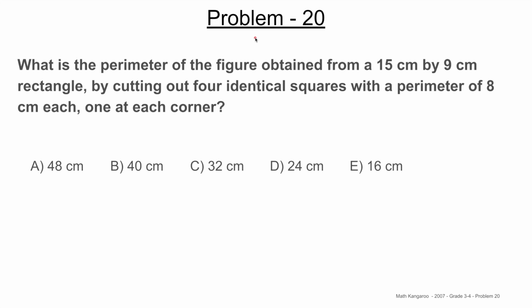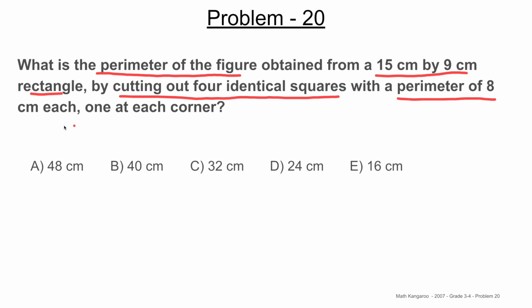Problem 20. What is the perimeter of the figure obtained from a 15 cm by 9 cm rectangle by cutting out 4 identical squares with a perimeter of 8 cm each, one at each corner? These are our options. This is a tricky question, so stay with me on this.